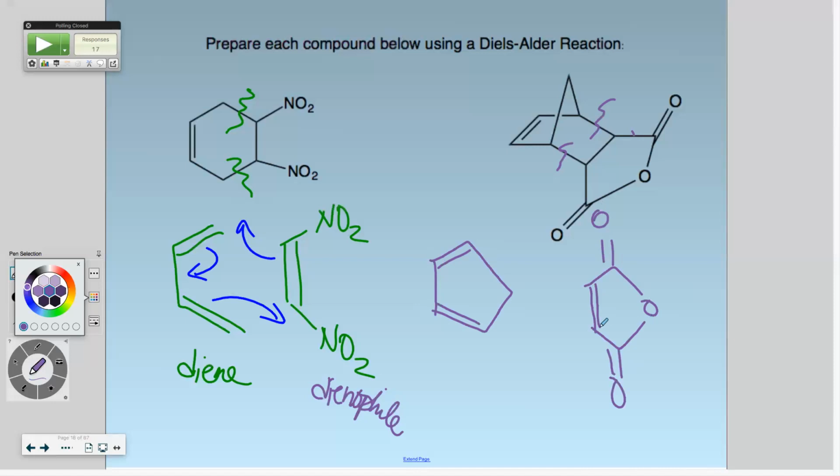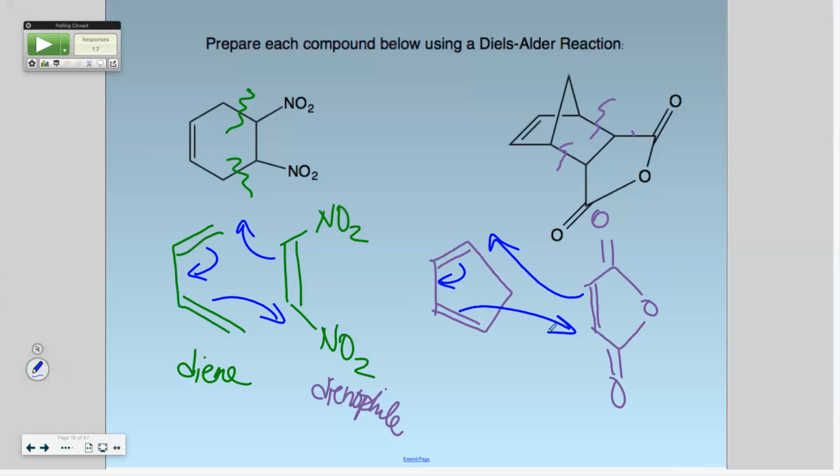Everybody see that? Okay, so get another color. So we're going to go 1, 2, 3. Your new bonds are formed between these two carbons and these two carbons. Those are the ones that we put the little squiggles through. I don't want you thinking those are oxygens, okay? It kind of looks that way.